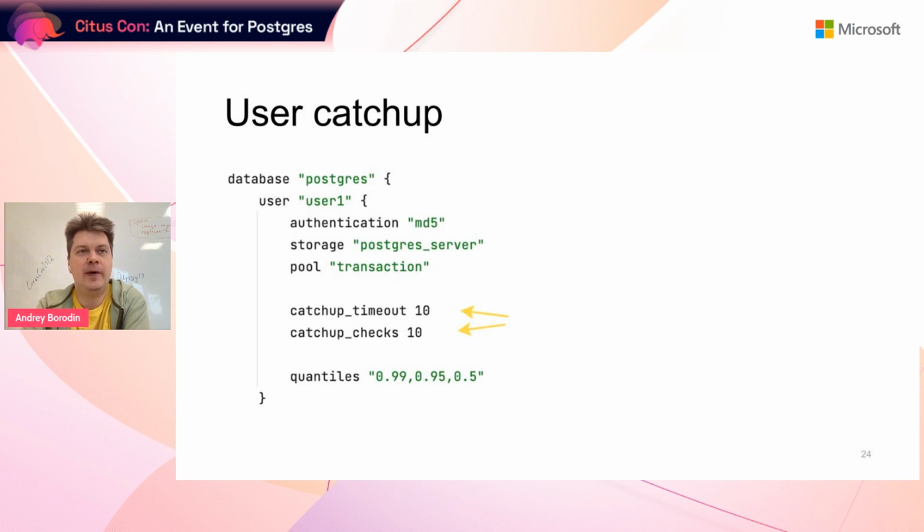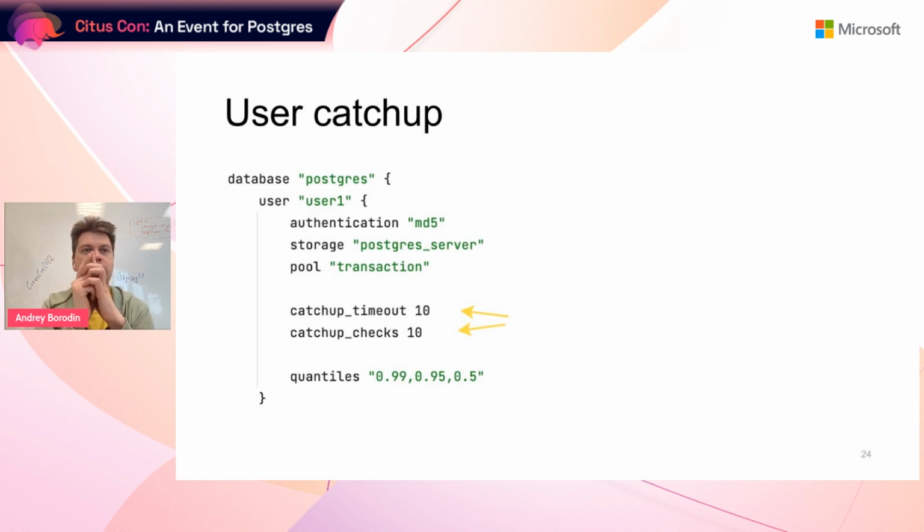This is the maximum difference between the real-time clock on the client and the time of the last applied replication record.